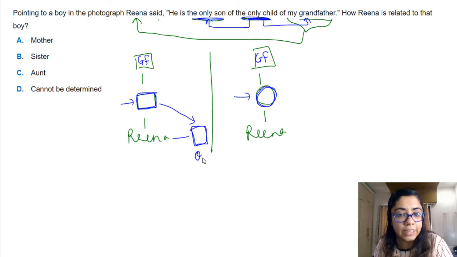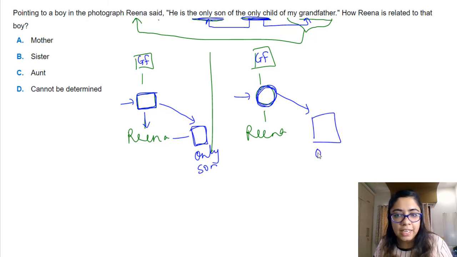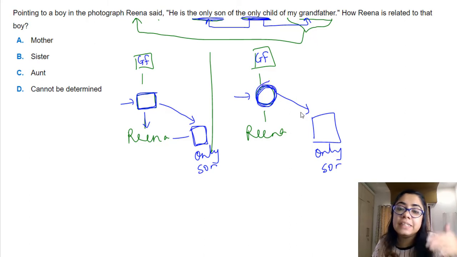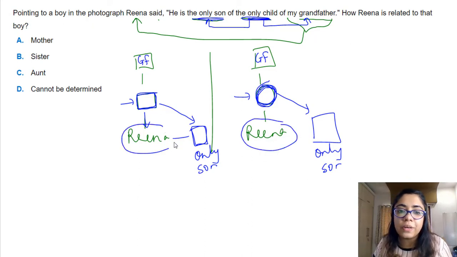This guy's only son. But this guy can have multiple daughters. Right? Similarly, if this is the child, uska only son would be this guy. ठीक है? He is the only son, but she can have multiple daughters. Right? And Reena is one of them.